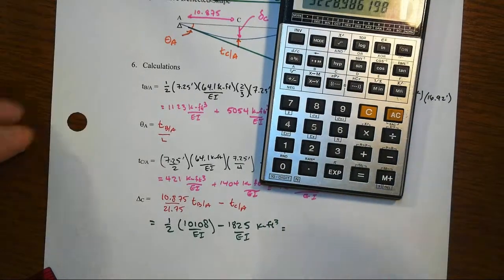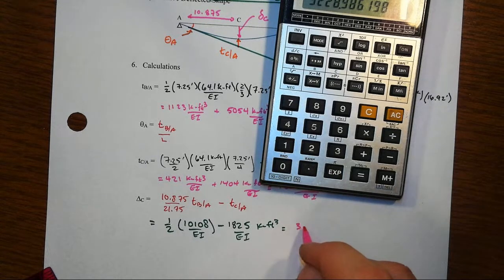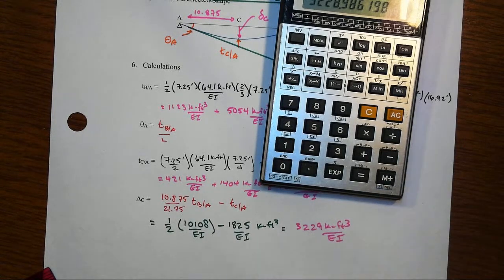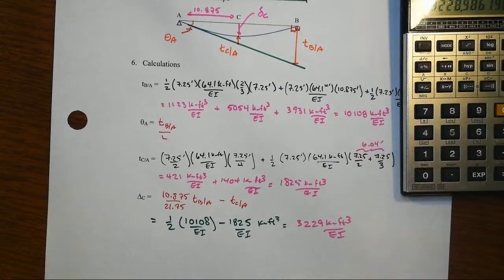Leaving us a net for C of 3,229 kip foot cubed over EI, of course acting downwards.